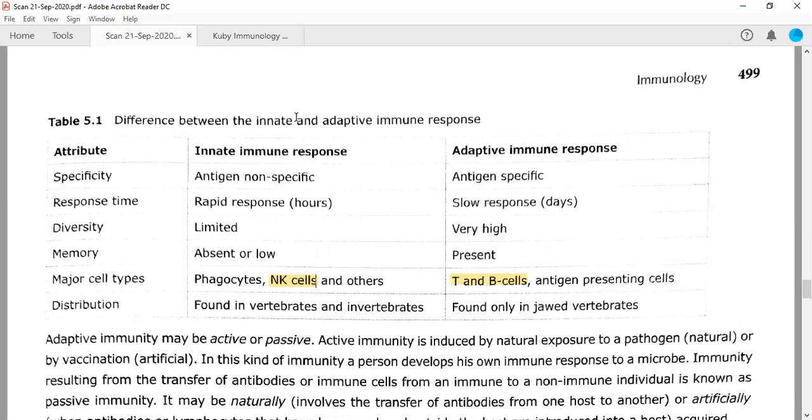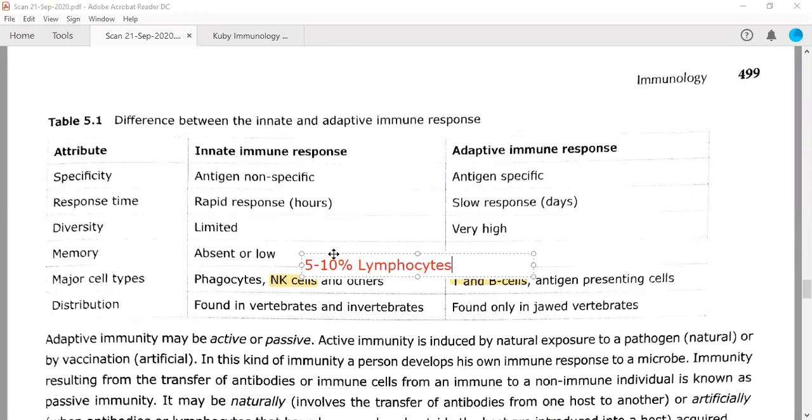You need to note here that natural killer cells are only 5 to 10% of all lymphocytes. Please note it, lymphocytes.